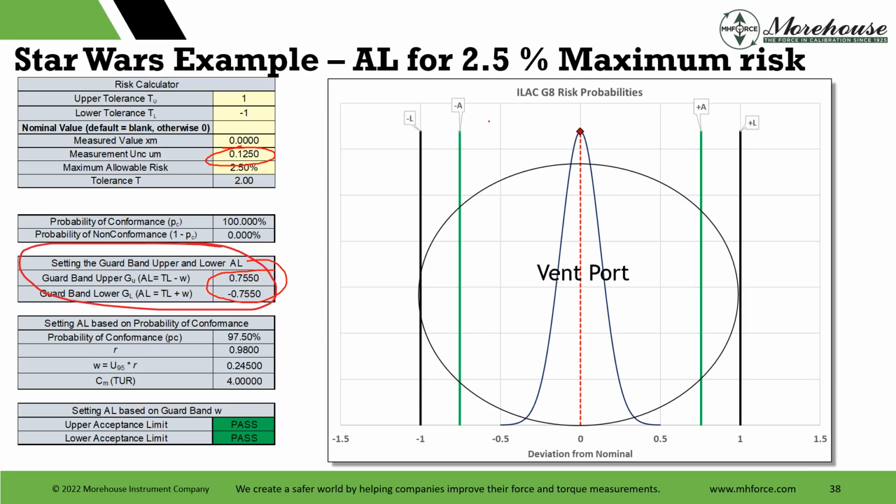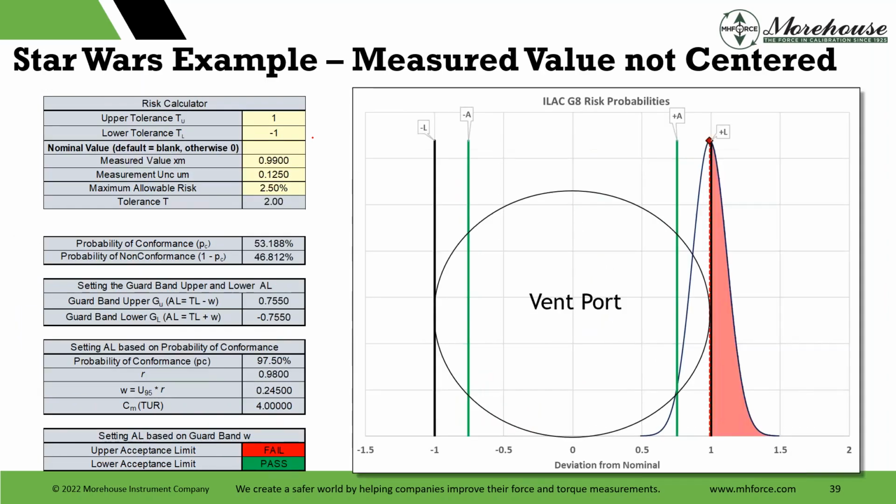Now, what if Luke or somebody else, one of our other squadron, what if they take that shot and it doesn't hit within these points? What if that measured value, because here we have a measured value of 0, what if they miss? Now, under specific risk, basically says the measured value here, all we did was move this measured value to 0.99.